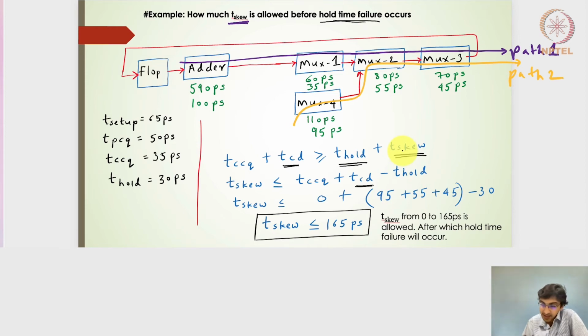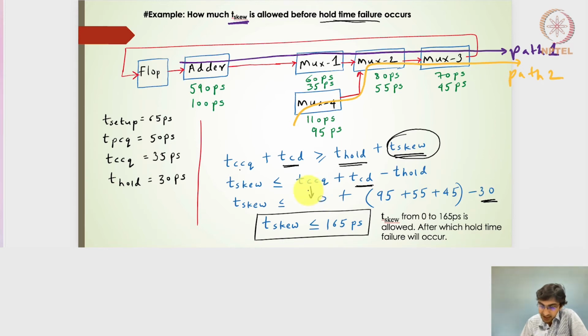So I will have my T skew here. This TCCQ plus TCD should be greater than or equal to T hold plus T skew according to the timing diagram for the minimum delay constraints. So T skew will have to be less than or equal to TCCQ plus TCD minus T hold. And this TCD is nothing but 95 plus 55 plus 45, minus T hold of 30 picoseconds.